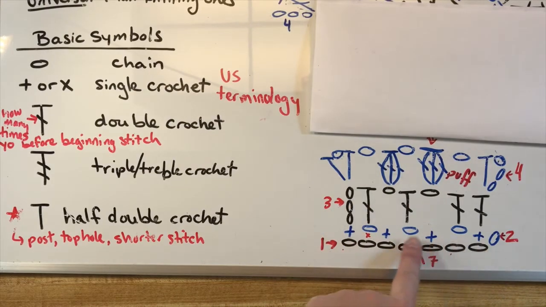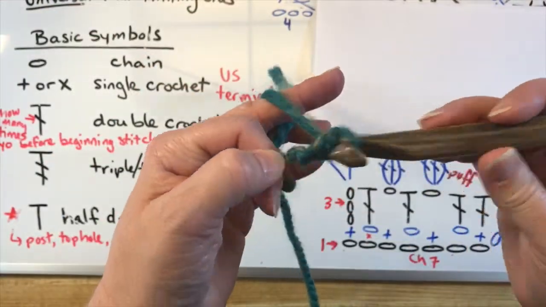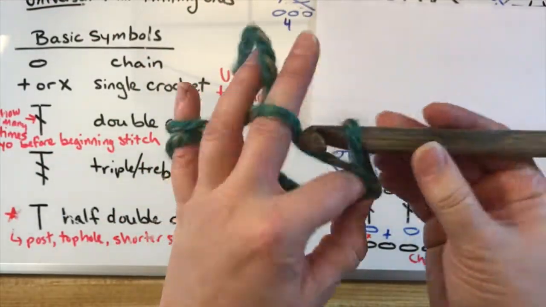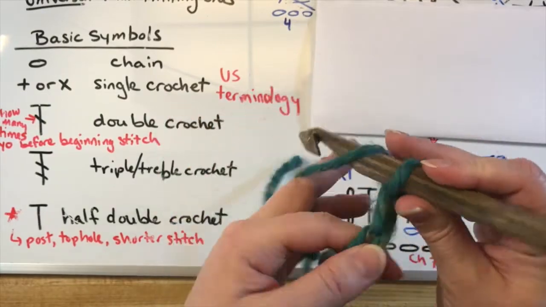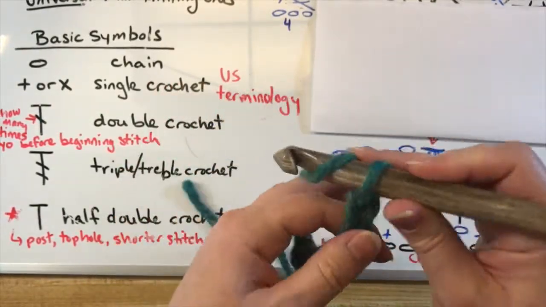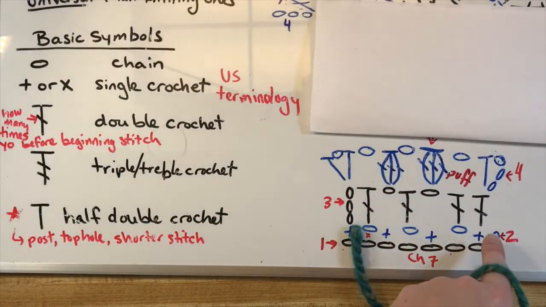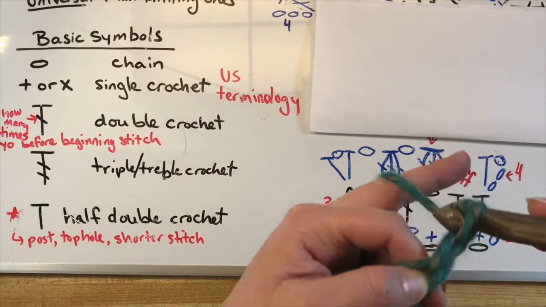Remember, this along here was to chain 7. So 1, 2, 3, 4, 5, 6, 7. Here's my chain 7. Now row 2 starts by chaining again.